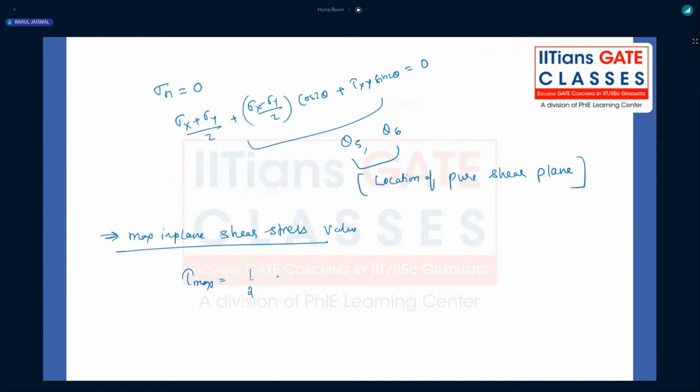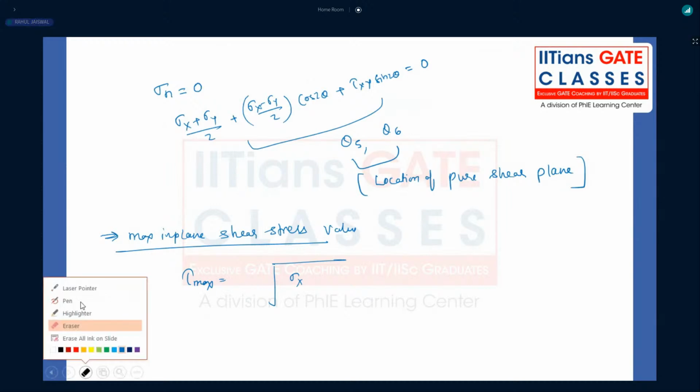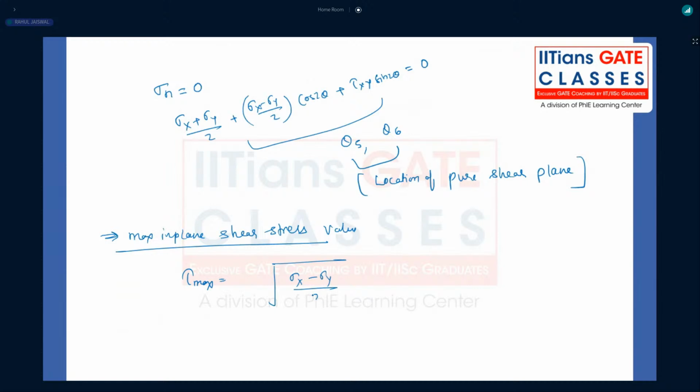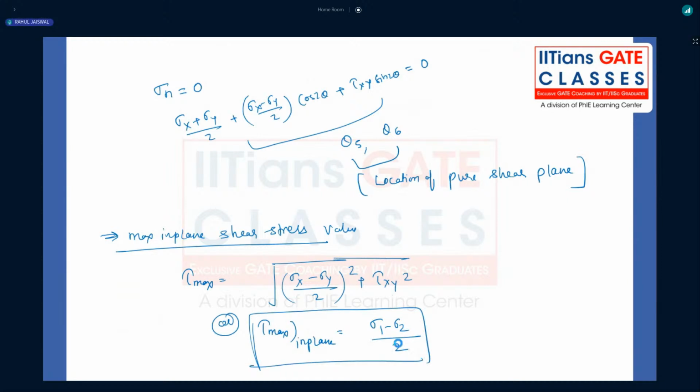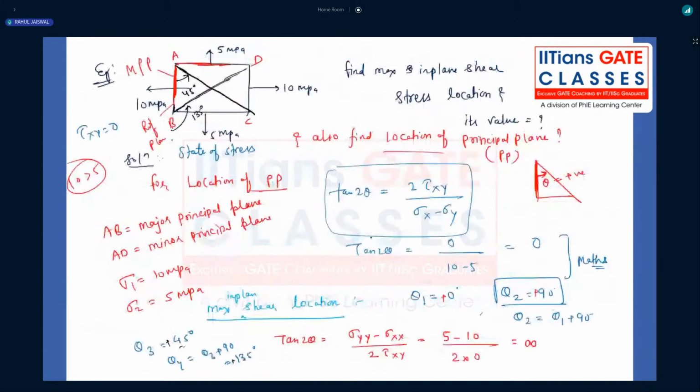One way will be the square root of ((sigma x minus sigma y) by 2) whole square plus tau xy whole square, right? Or you can also find the in-plane shear stress as (sigma 1 minus sigma 2) by 2. So there are two ways we can determine the maximum shear stress value, right?